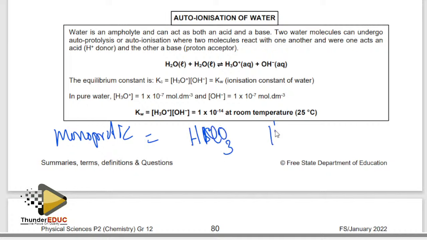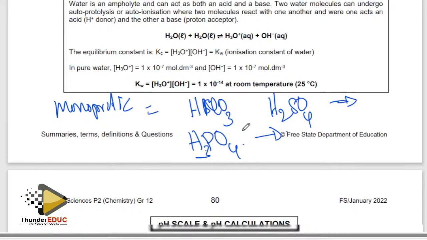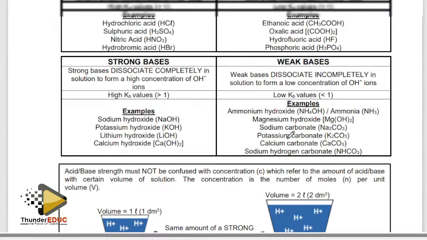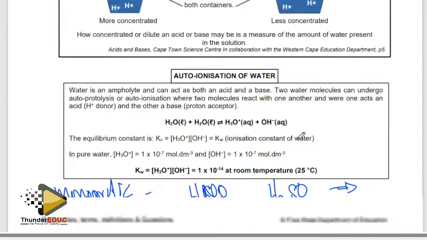A diprotic acid is an acid which can produce two hydrogen ions when dissolved in water, and a triprotic acid is the one which can produce three of them. And then these acids, when they ionize, they can act as a base and an acid at the same time. Is it clear? So please don't go to the paper without knowing that also.